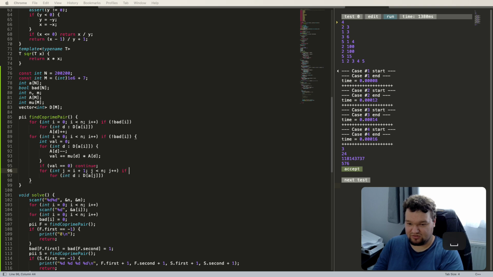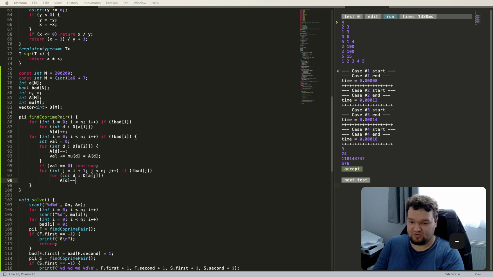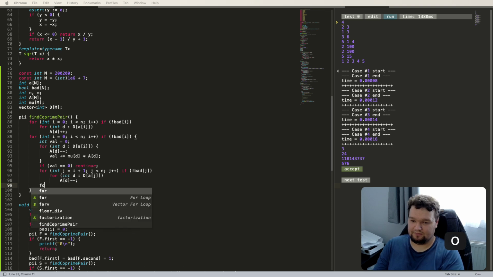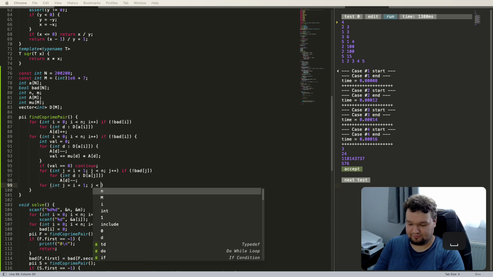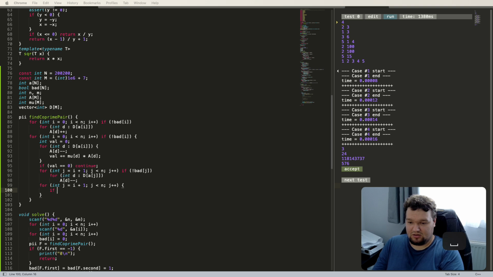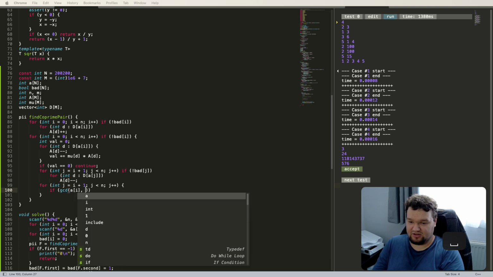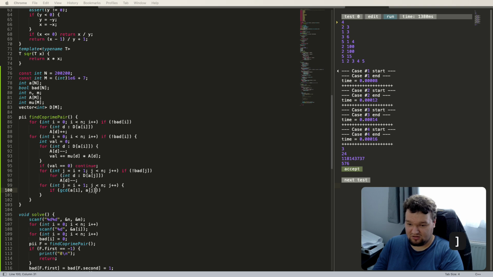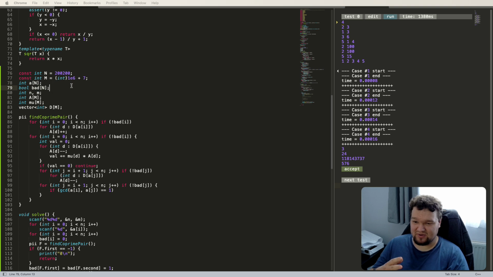If J was not bad, A of D decrements. If GCD of AI and AJ is 1 and not bad of J, I like that system, when I mark elements as bad, but I need to not forget to actually ignore them every time I want to use them in the function.